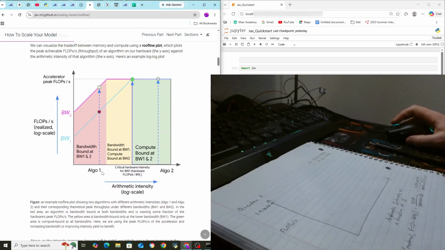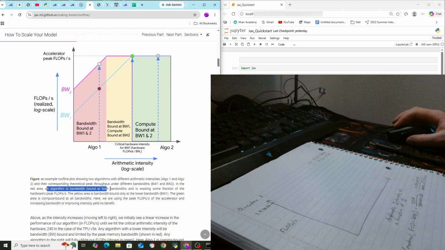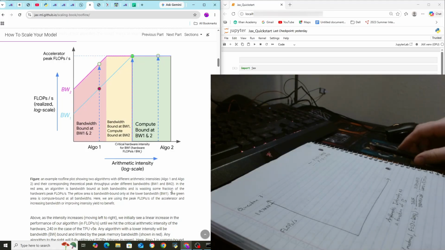Okay, so algorithm 1 equals a number. Oh, so we don't really care about the actual dotted-line algorithms here. We just care about these borders. So we have one bandwidth here. Oh, we've got two algorithms.